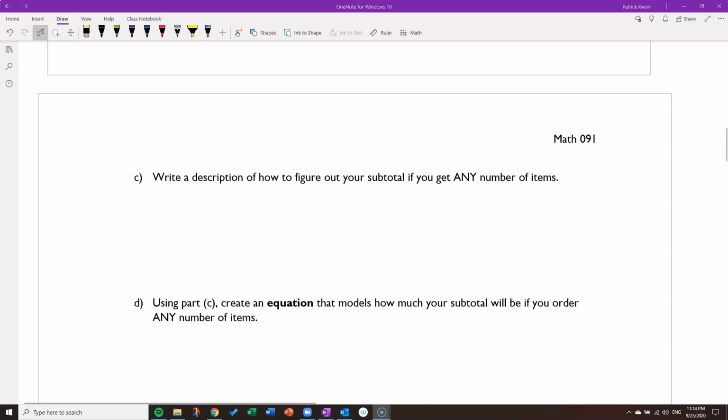So part C says write a description of how to figure out your subtotal if you get any number of items. And we've kind of done this already. We're basically taking the cost per item and we are multiplying that by the number of items ordered.